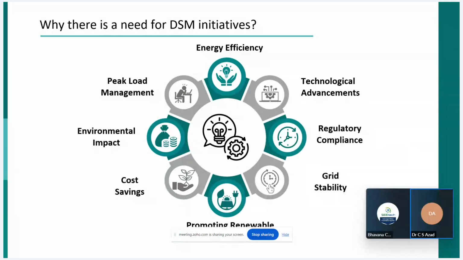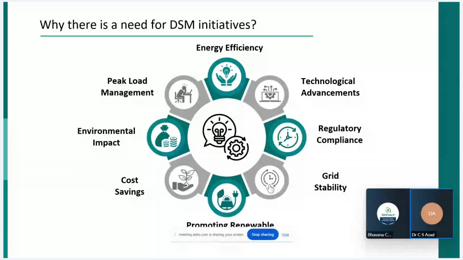Next is the environmental impact. Whenever we consume electricity, there are some CO2 emissions, or GHG emissions. To save on that GHG emission, we need demand side management.